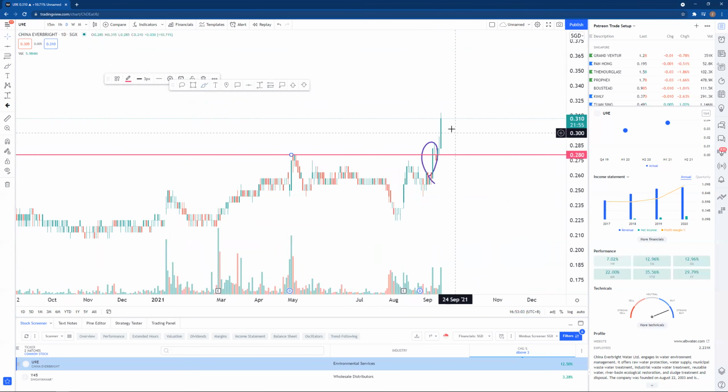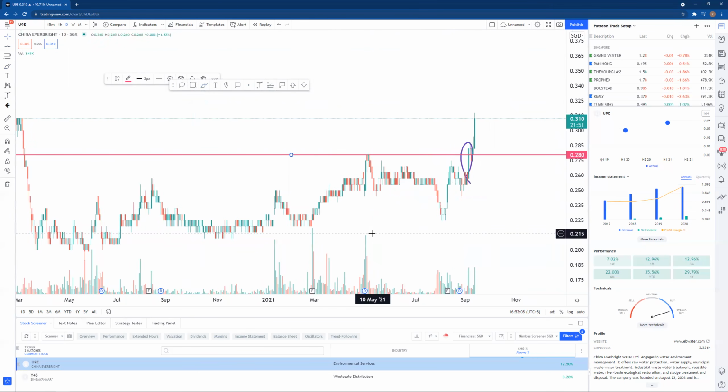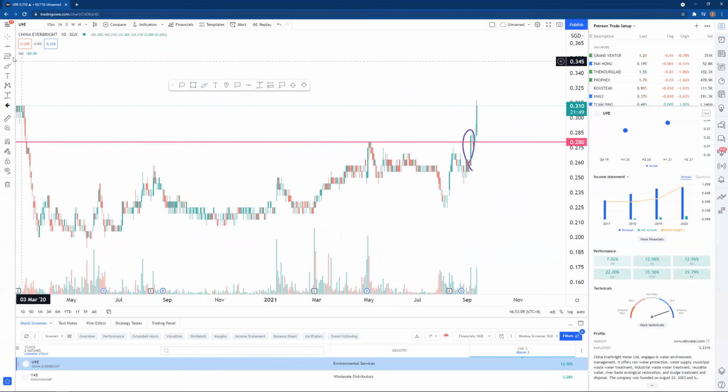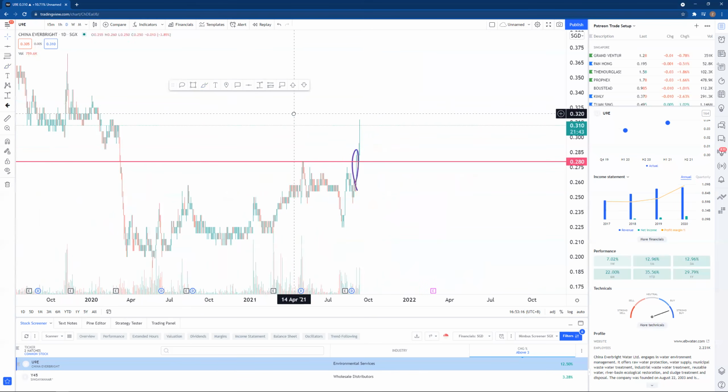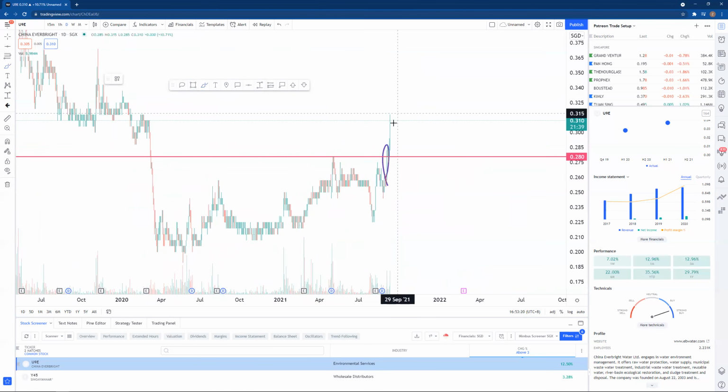But looking at the scanner today, right, it does seem to paint a picture that perhaps all the sellers have dried out, and China Everbright is finally getting ready to go for a sustained uptrend in a way.